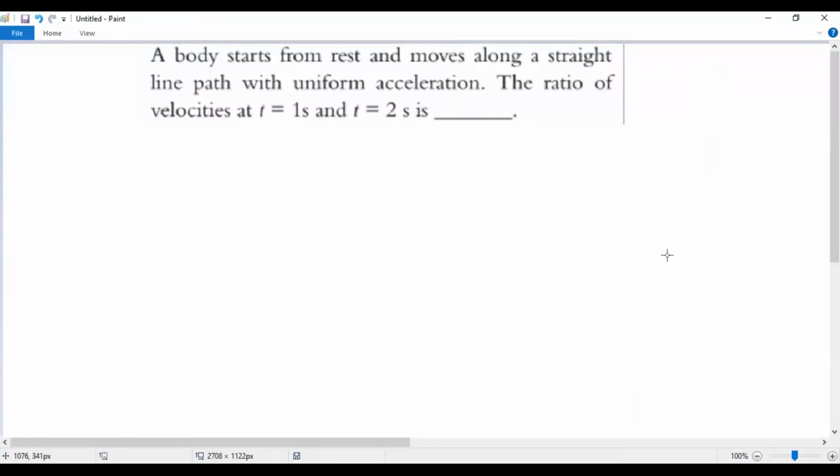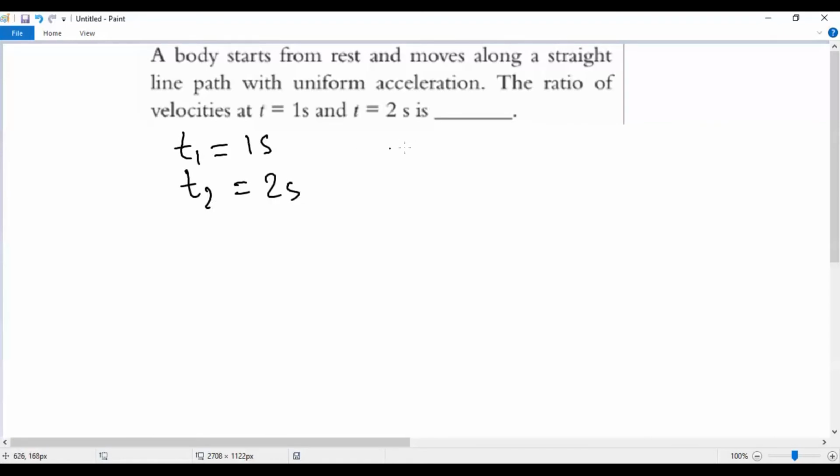Okay, so our next problem is a body starts from rest and moves along a straight line path with a uniform acceleration. The ratio of the velocities at t is equal to 1 second and t is equal to 2 seconds. Let t1 is equal to 1 second and let t2 is equal to 2 seconds.